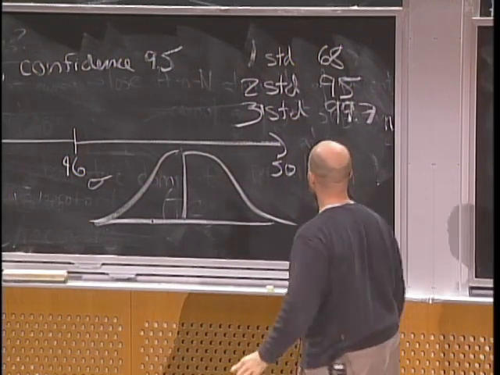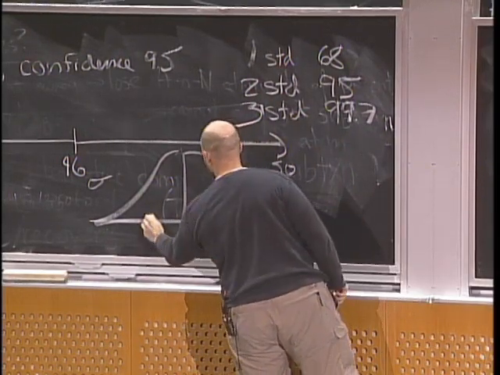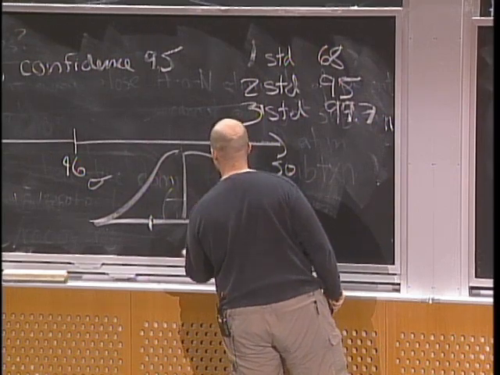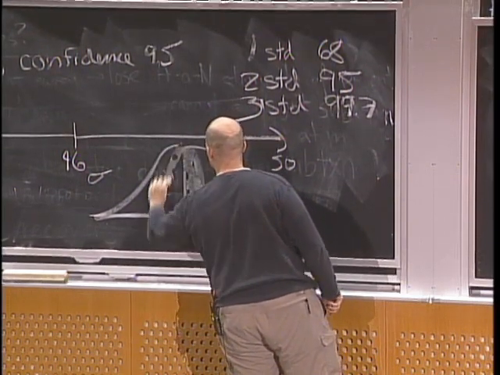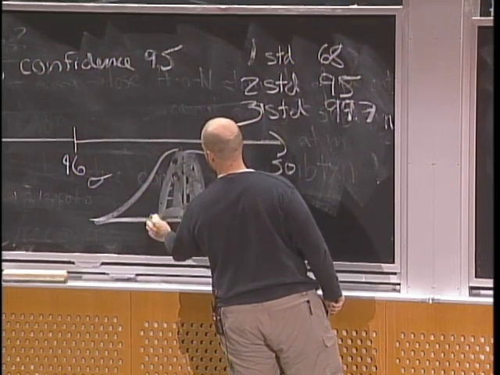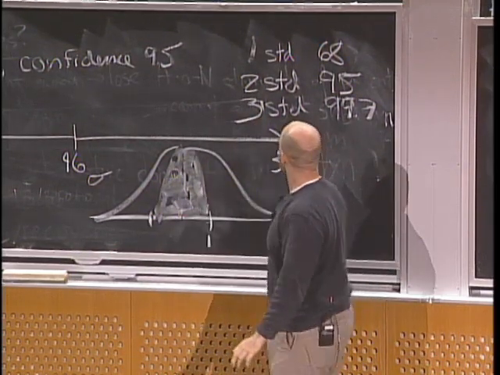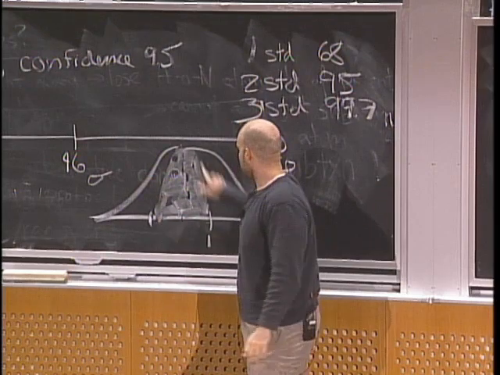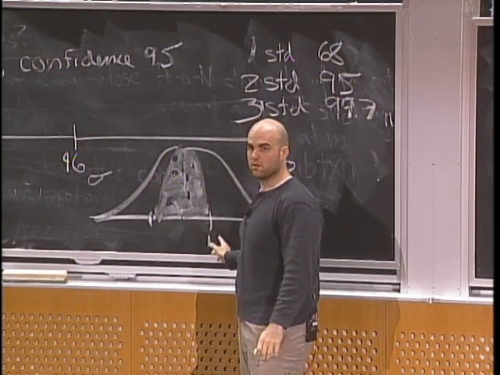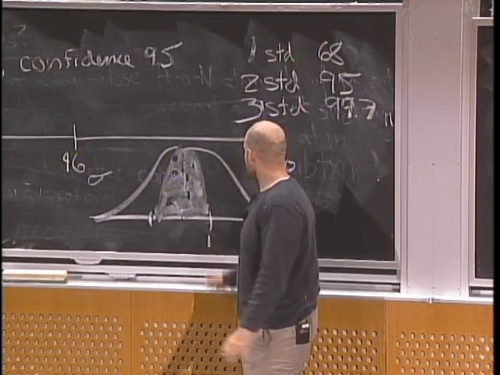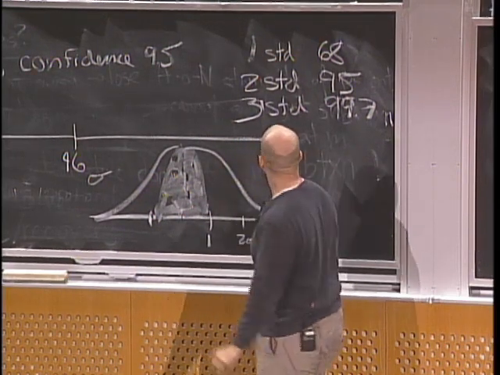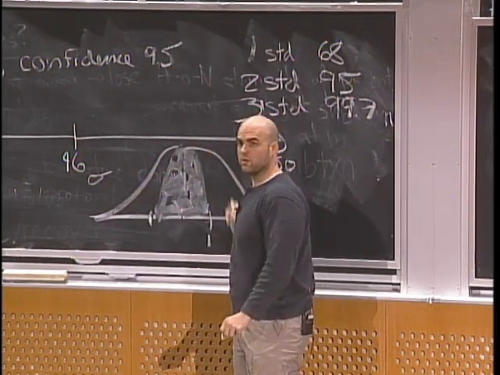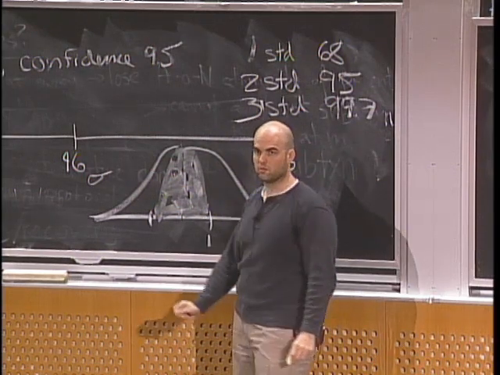That's all. So if this is 1 standard deviation, it's saying that 68 percent of the sample points are going to be within 1 standard deviation of the mean. And then if you have 2 sigma, then 95 percent are going to be within 2 sigma of the mean.